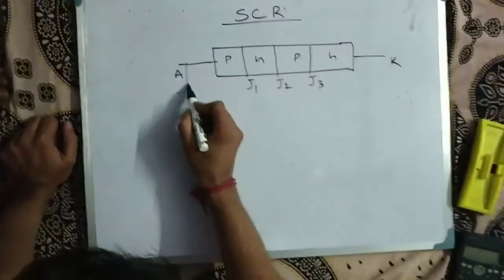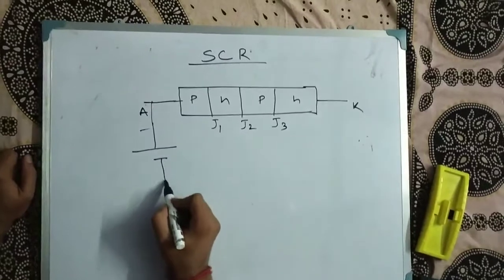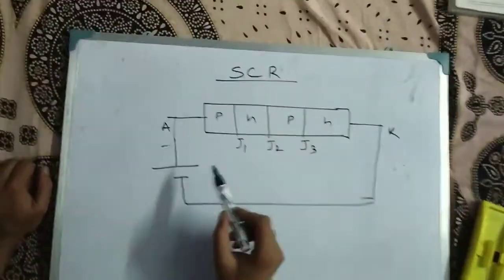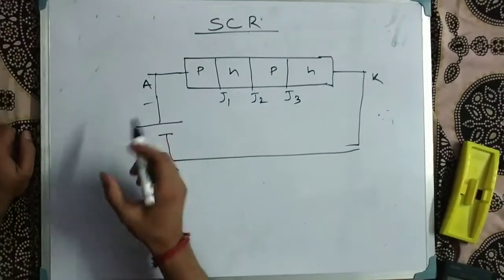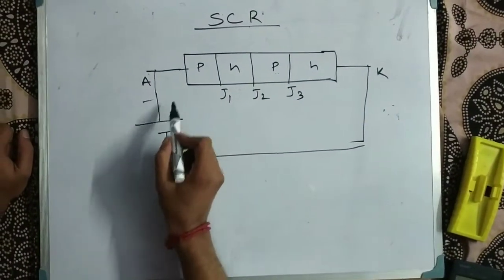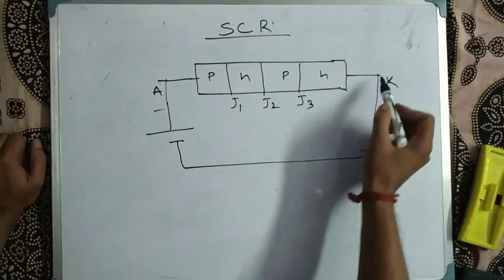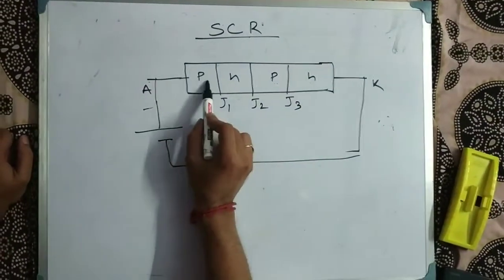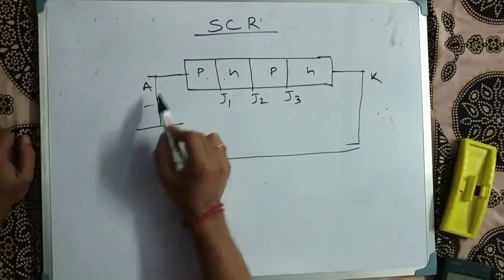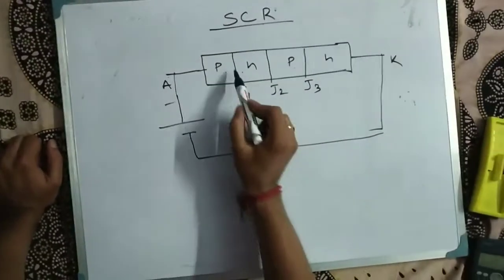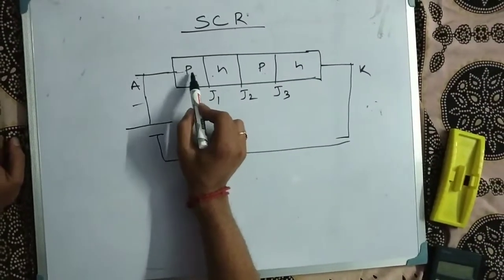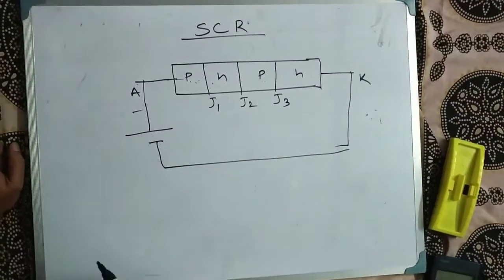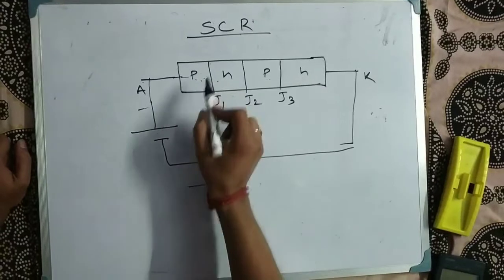Suppose here the anode is connected with positive and the cathode is connected with negative voltage. What will happen if positive voltage is connected across the anode and negative voltage across the cathode? For J1, P is connected with the positive terminal, so this PN junction will act as a short circuit, as in the diode case.